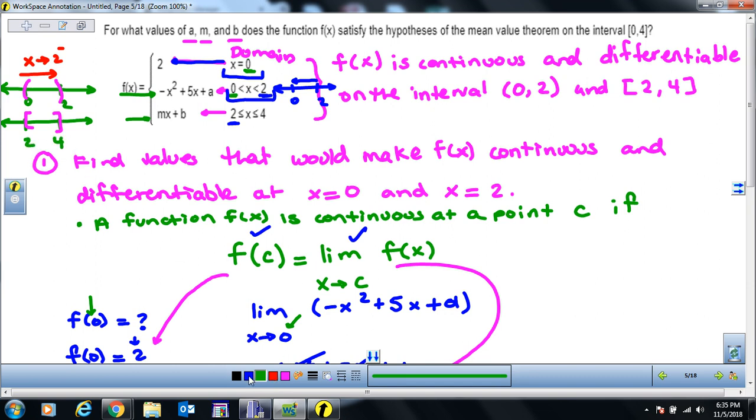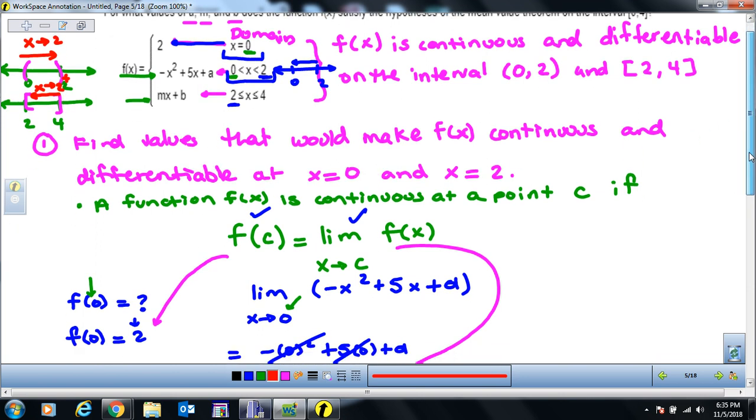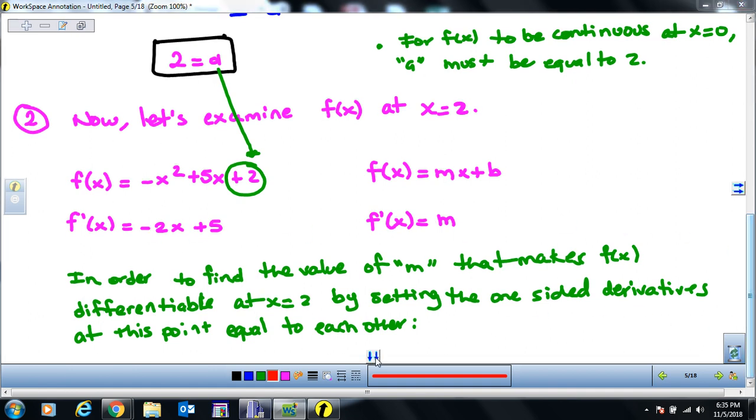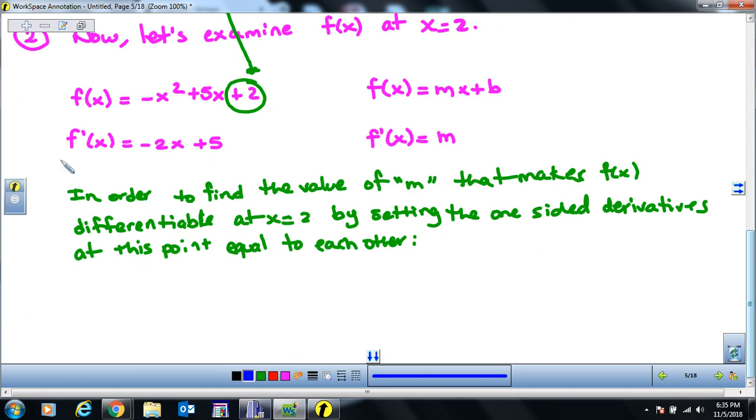So now I'm trying to approach 2 from the right side, which means that x is approaching 2 from a positive side. Okay. So that's why you have to equal them to each other. It's like finding the limit from both sides, but you did it in a shortcut way with the formulas to find the derivative, and you're going to equal them to each other now.